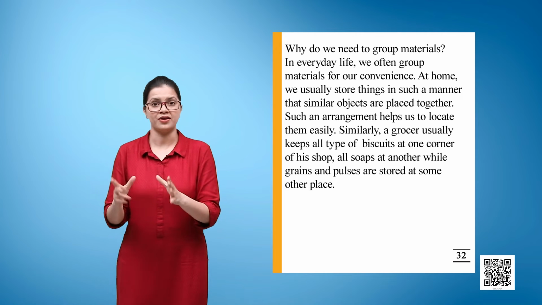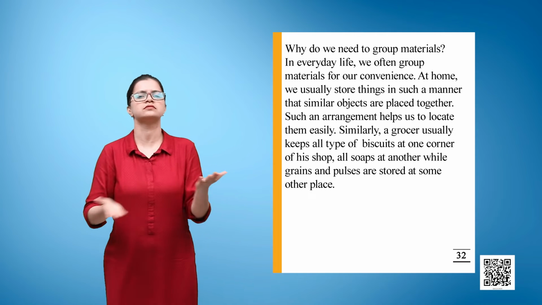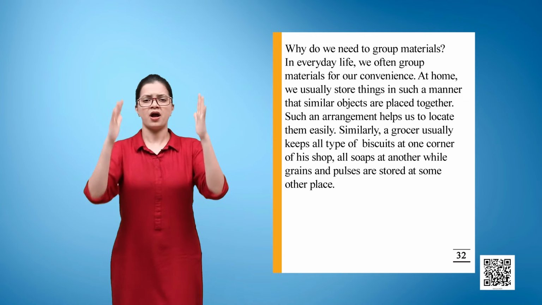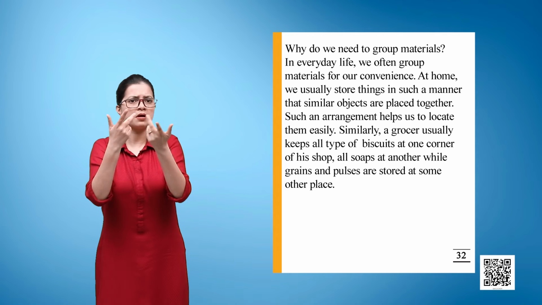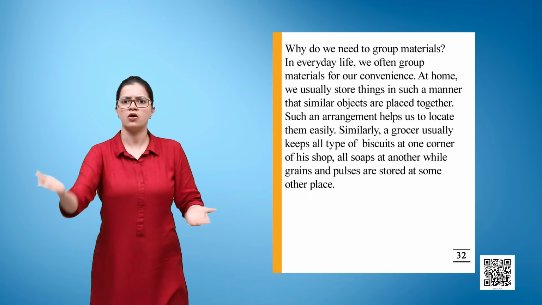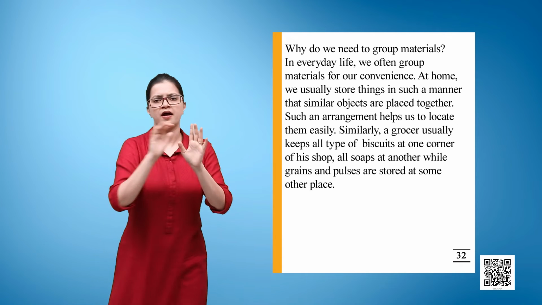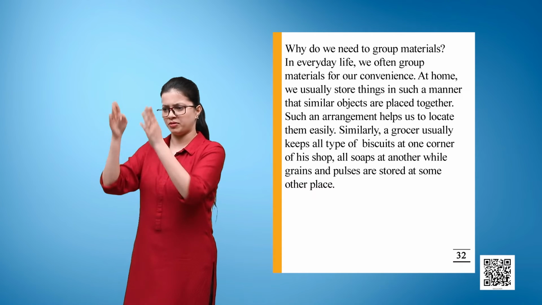In everyday life, we often group materials for our convenience. At home, we usually store things in such a manner that similar objects are placed together. Such an arrangement helps us to locate them easily.